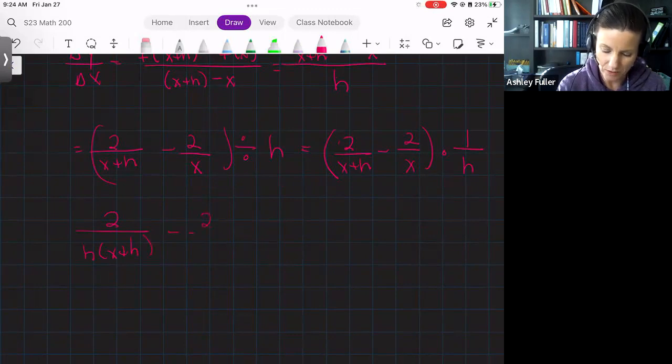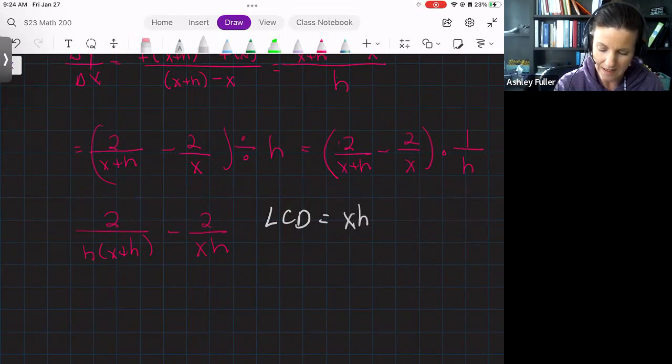minus 2 over xh. And because we're dealing with fractions, we have to find the least common denominator, which in this case is going to be x times x plus h. To get the denominators to match, in this case, we're missing an x, so we're going to multiply top and bottom by x.